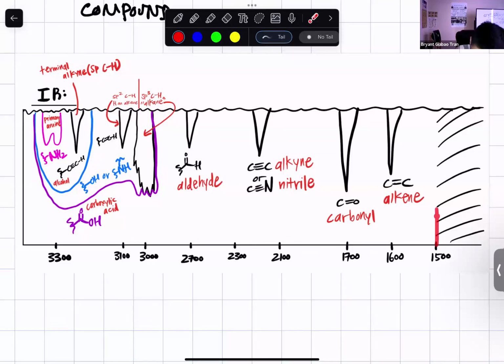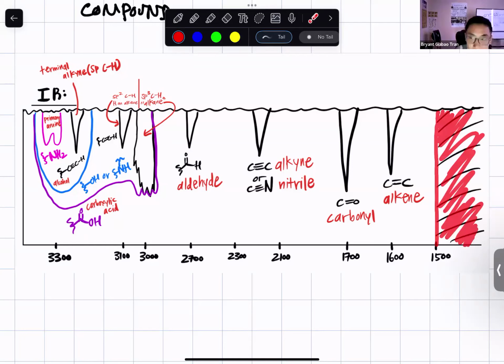So the region at 1500 and below is going to be called the fingerprint region, right? That fingerprint region, you can basically ignore. You have to think about it when you're determining the functional group.